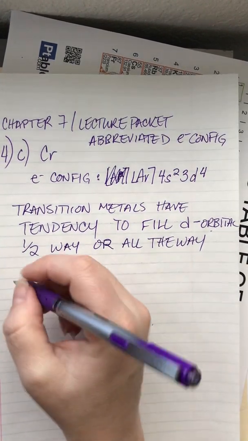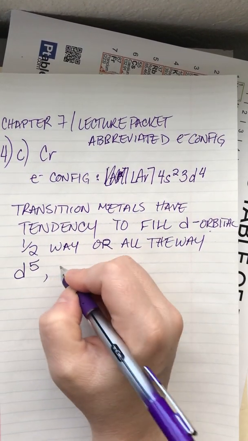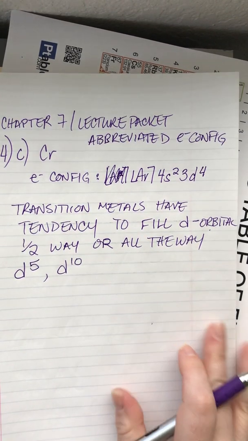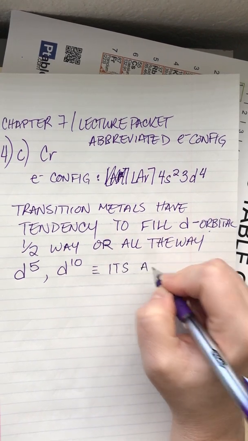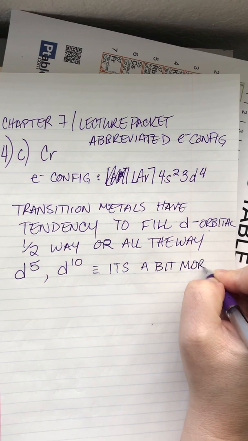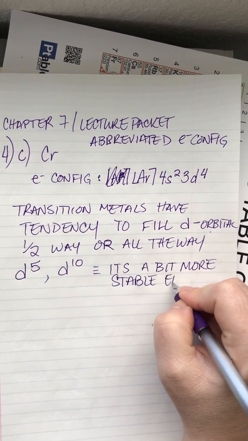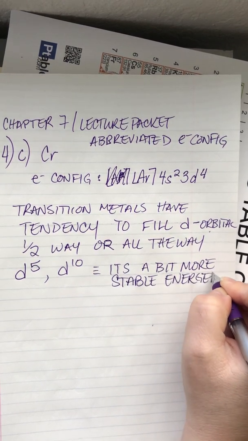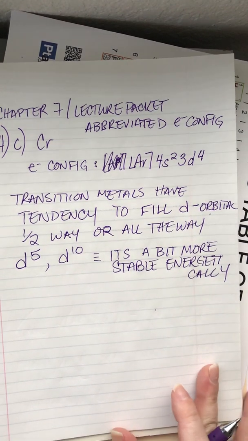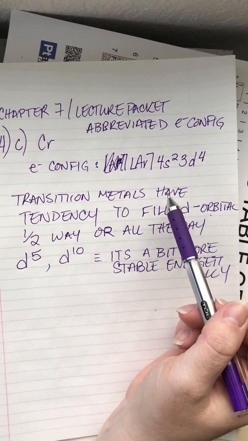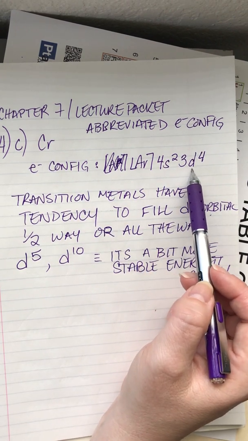Okay? So, it's very common to form a d5 and a d10. And the reason being is because it's a bit more stable energetically. Right? So, if we can form a d5 or a d10 with an element, we usually will, okay?